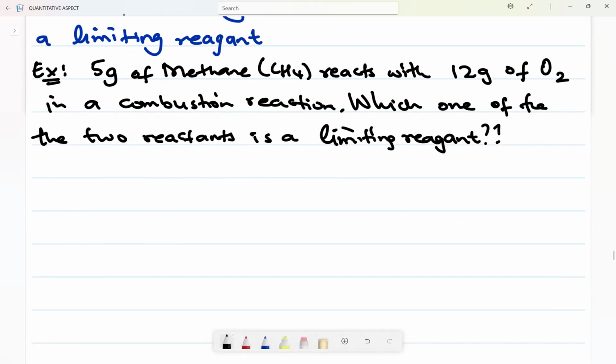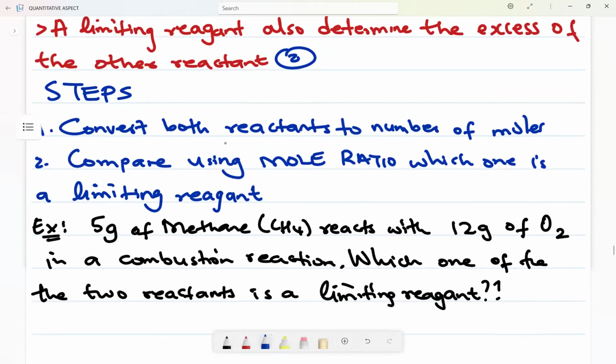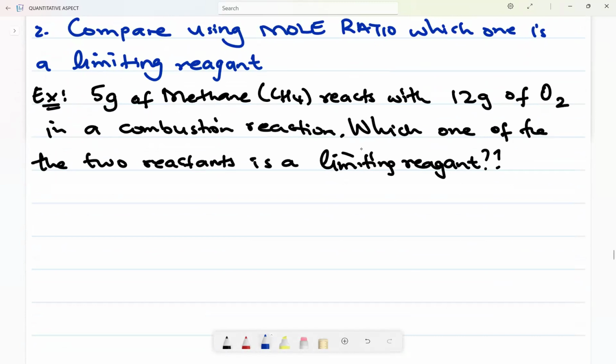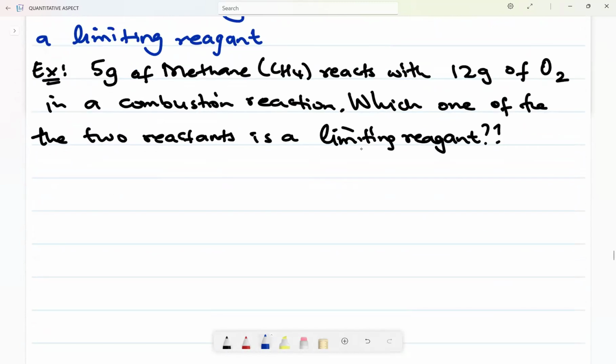Very beautiful question. When we answer this, remember the first step says we convert both reactants to number of moles. So on the first step, let me write it here, step one. I'm going to convert methane to number of moles, because I'm giving grams of methane, the mass of methane.